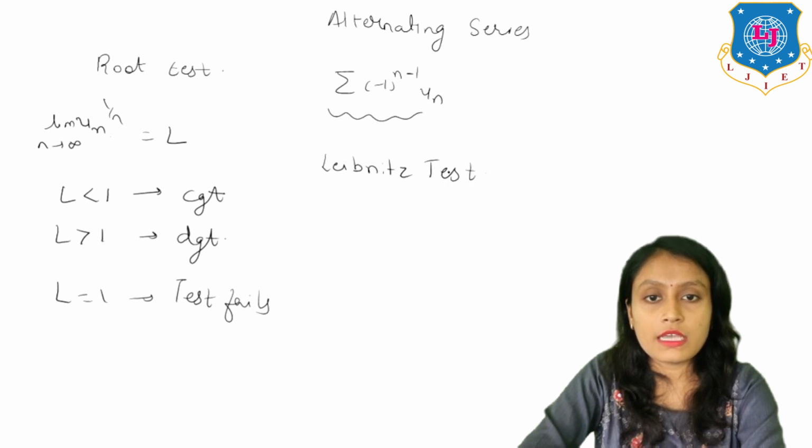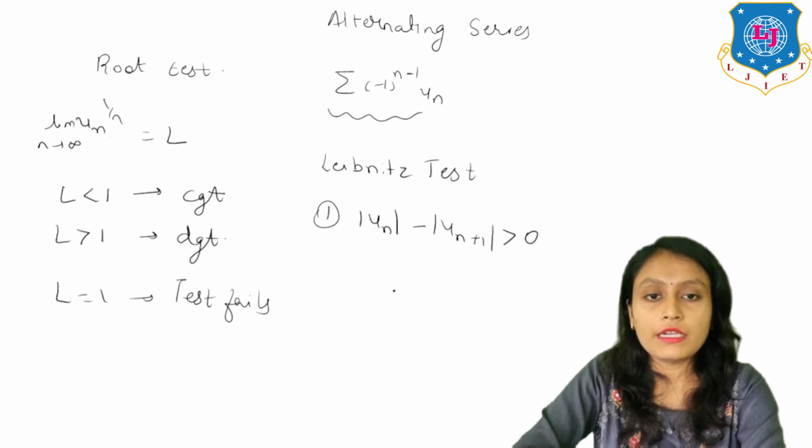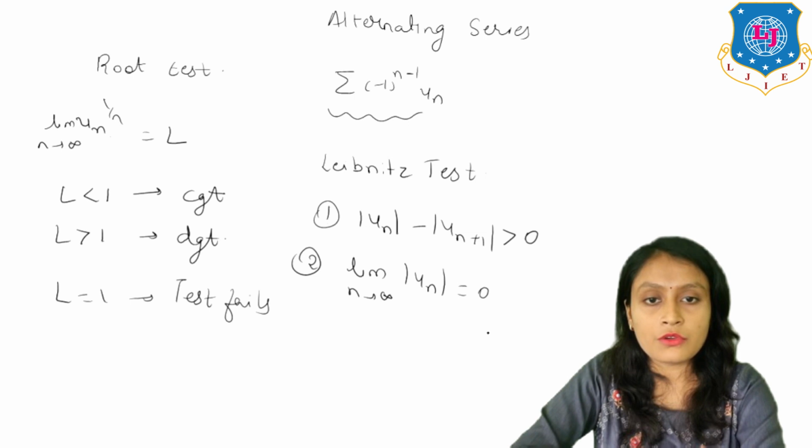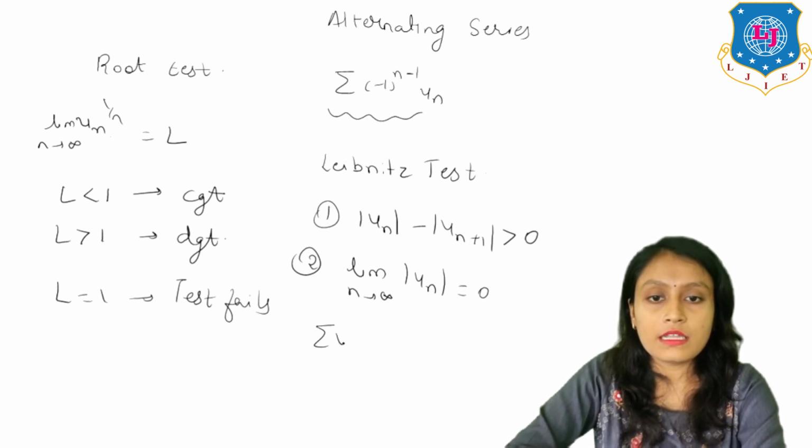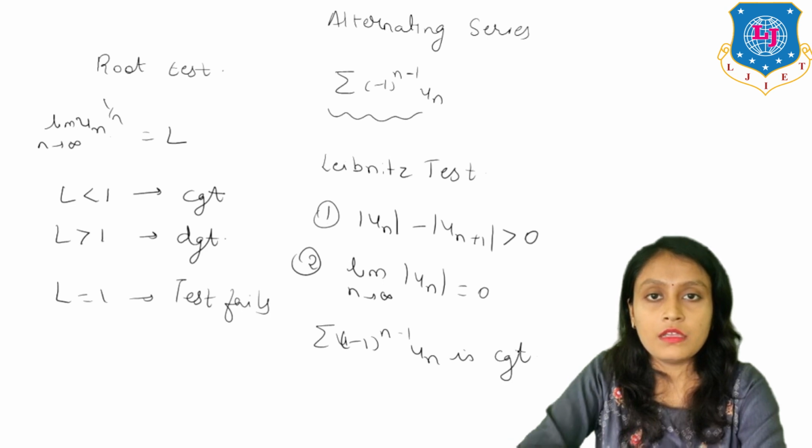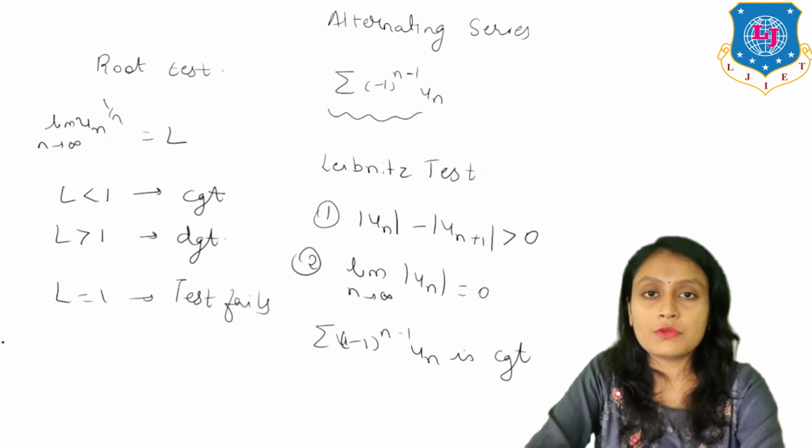In this test, firstly we will find |un| minus |un+1|, and this should be greater than 0. And the second condition is limit n tends to infinity |un| is equal to 0. So if these two conditions are satisfied, then we can say that the given series, that is the alternating series, is convergent. I hope you have understood in this session.